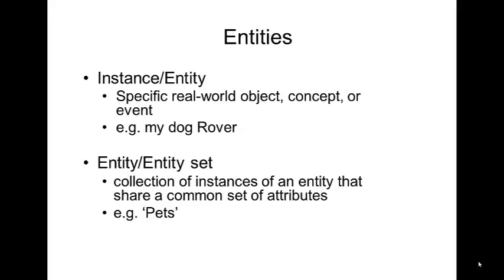The word entity is used sometimes to refer to a specific instance of an entity, but it is also used to describe a class of entities, and that class of entities may also be called an entity set. So the entity set is a generalized template into which you record specific instances of those entities.